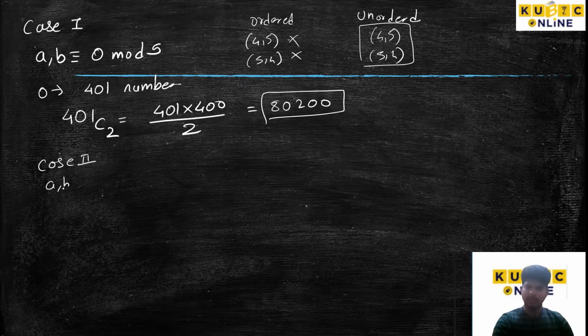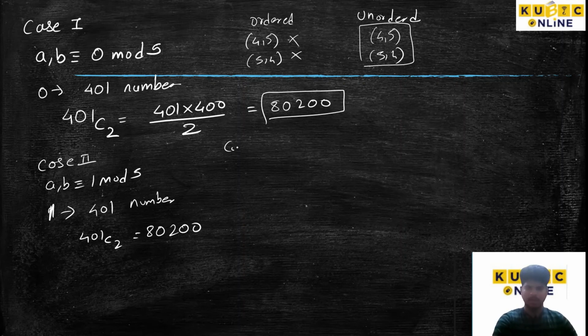Okay. Now case 2, A comma B is congruent to 1 mod 5. There were 401 numbers, so again 401 choose 2, which is 80200. Now for case 3, A comma B is congruent to 2 mod 5.